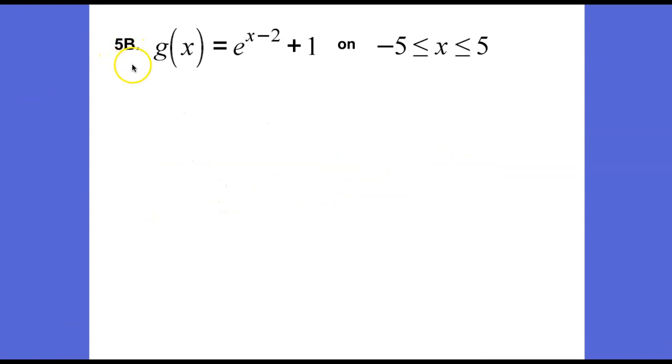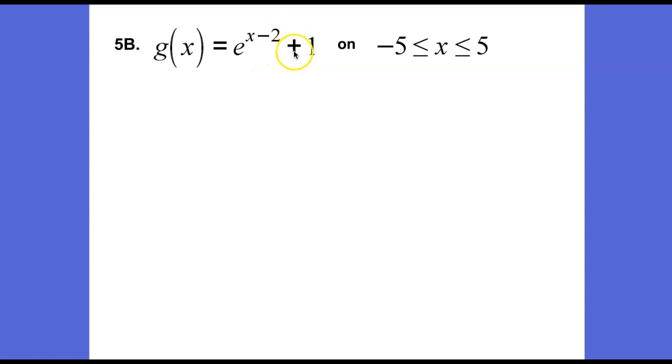In 5b, they tell us that g of x is equal to e to the x minus 2 quantity plus 1 on the closed interval from negative 5 to 5. Well, okay, e to the x is a continuous function on all real numbers. E to the x minus 2 is nothing more than e to the x divided by e squared, and then plus 1 just shifts it up 1.